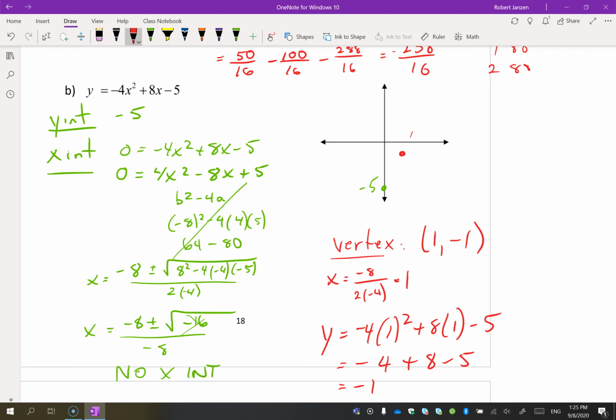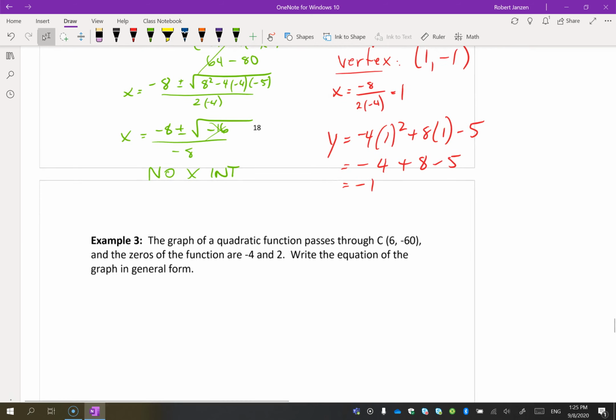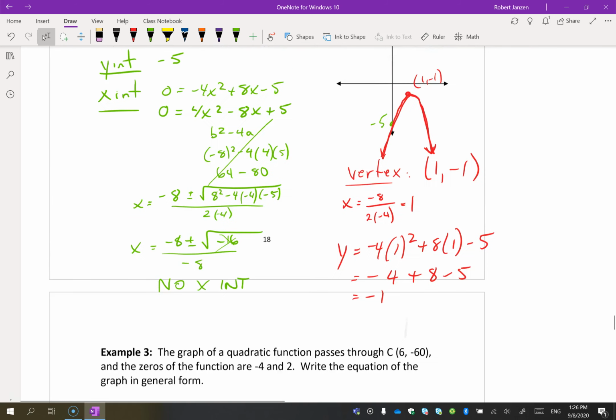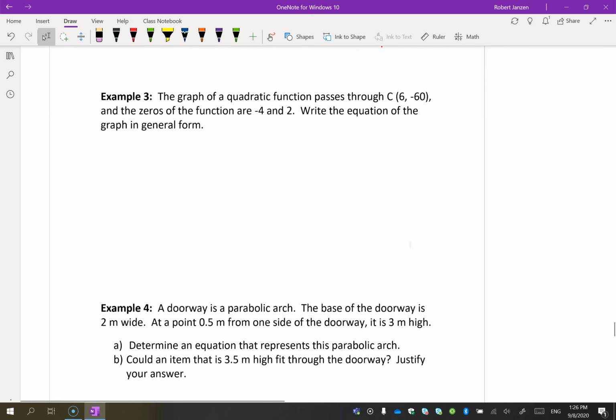So let's put that here. 1, negative 1. And so my parabola is going to look like this. Now everything seems to make sense. That's why I had no x-intercepts. Alright. Make sure you try that one again, because that one caused me a couple of little mistakes.